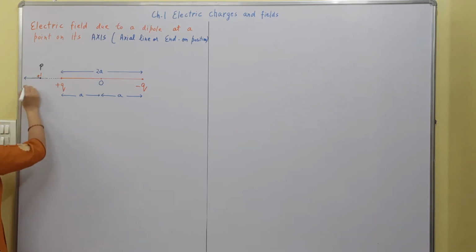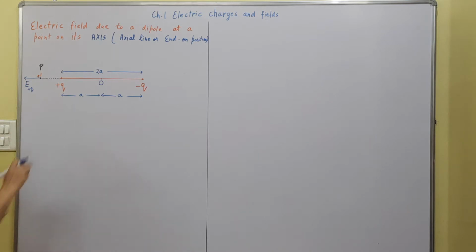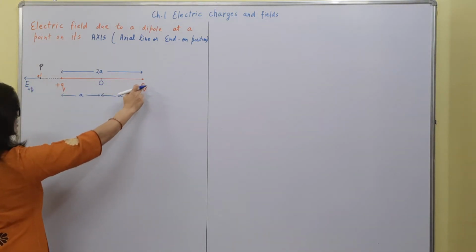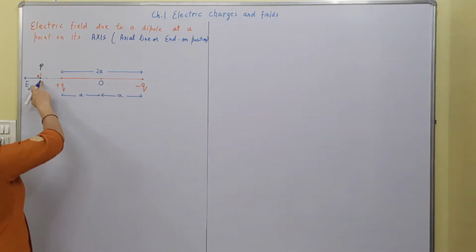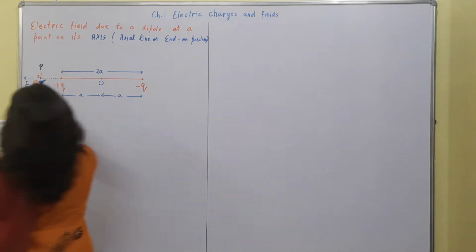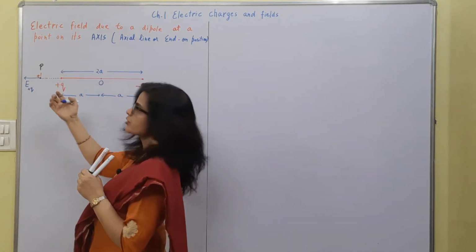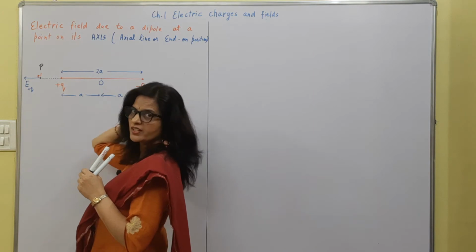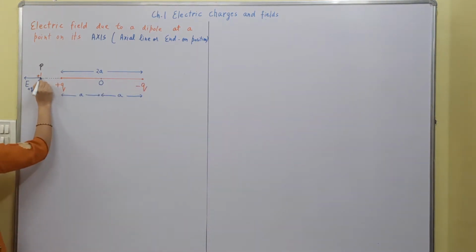So this is the electric field due to +Q charge. Now this second charge, which is -Q charge, will try to attract it or repel it? These are unlike, so this will attract it. So the direction of the electric field due to this charge will be this way. This is the second step, which is very, very important.